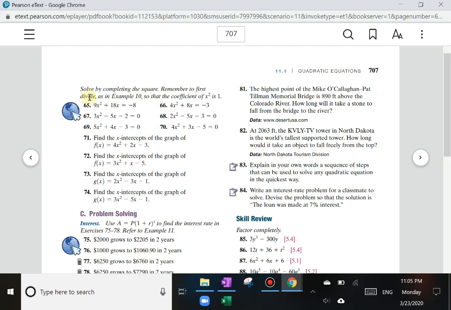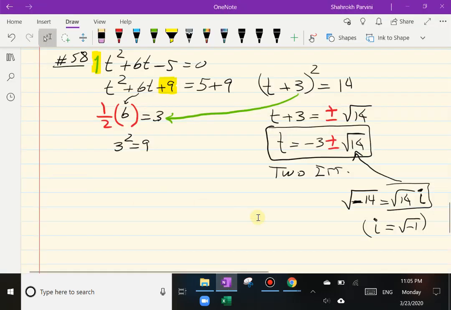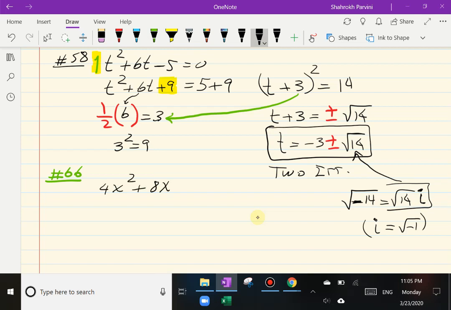You're doing number 65, but let's take a look at number 66 for our work on our notepad. Exercise number 66 reads 4x squared plus 8x equals negative 3.